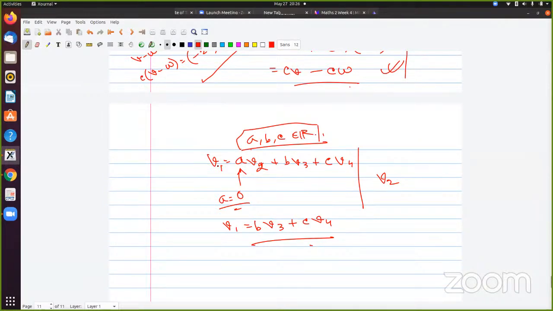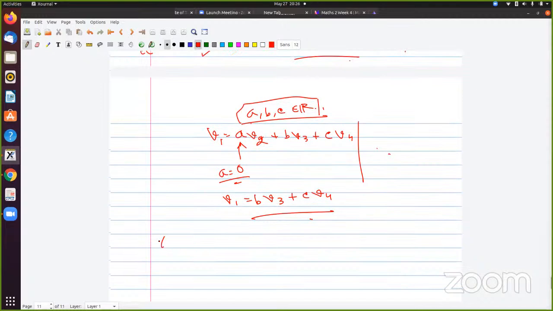No, sir. So there is a case where you cannot do it. If A is non-zero, then you can do it because you can take it on the other side, right? Then you can write V2 as V1 minus V3 minus CV4, which is why the condition says A is not equal to 0. Then you can divide by A, right?